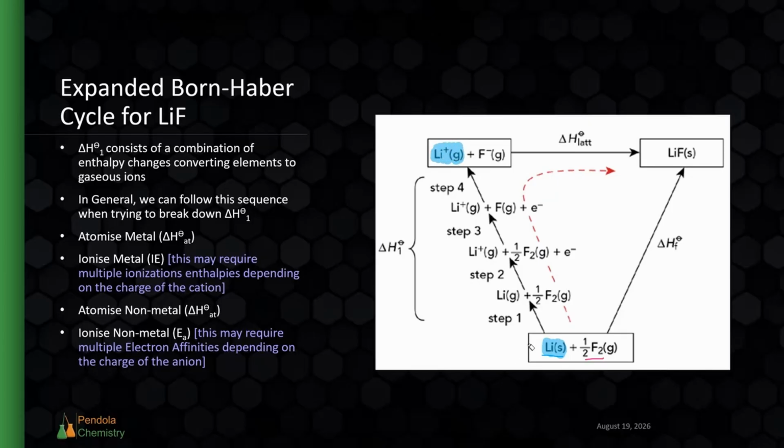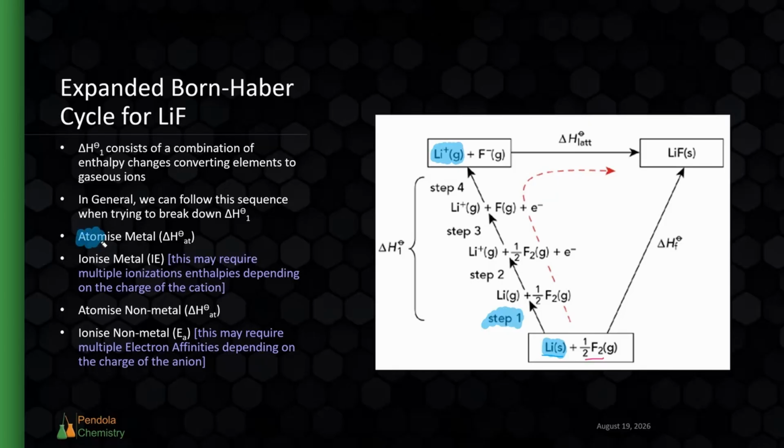2 things need to happen here. First of all, the state of matter needs to change. The lithium needs to be turned from a solid to a gas. If you remember, that first step of turning the lithium from a solid to a gas is the enthalpy change of atomization.